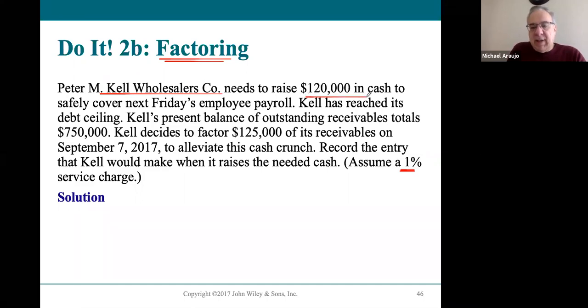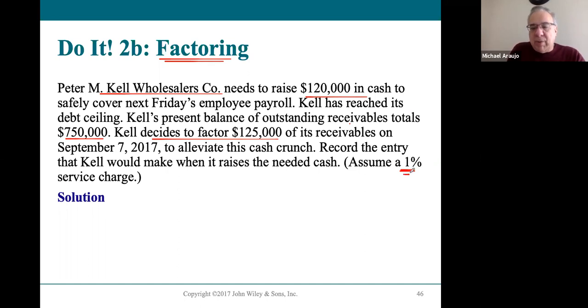Okay. So this is their need. They need cash, 120. They have receivables on their balance sheet of 750, right? So they don't have to sell all of them, but they decide to sell 125,000 of them to a factor. Okay. That helps get them the cash they need to make their payroll and one less worry.